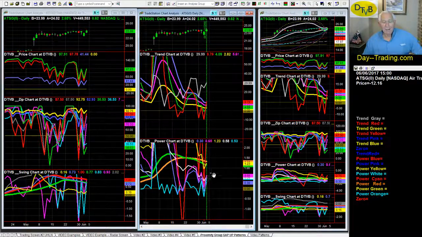Now the other part of the Zip Zion criteria is that Zip Zion, as I mentioned, is under 0 or under the orange line, and the 4 lines are above the orange line. The exception to that is when you have 3 days down, and sometimes power blue and even the white will be under the orange in a gap up next day.